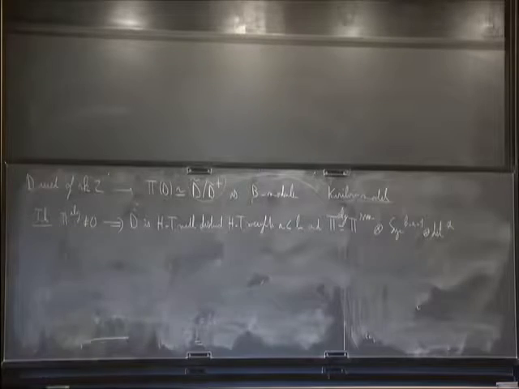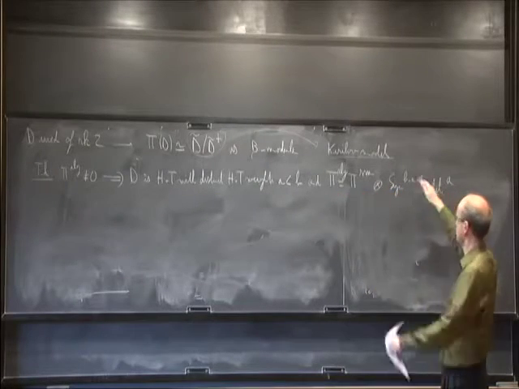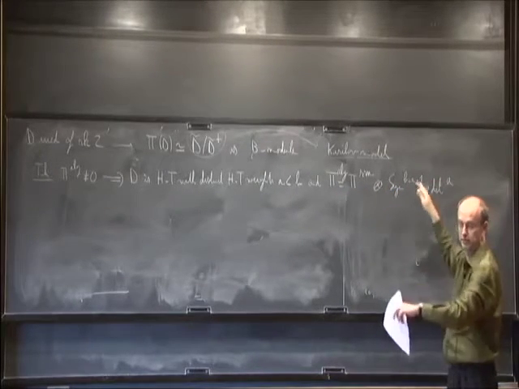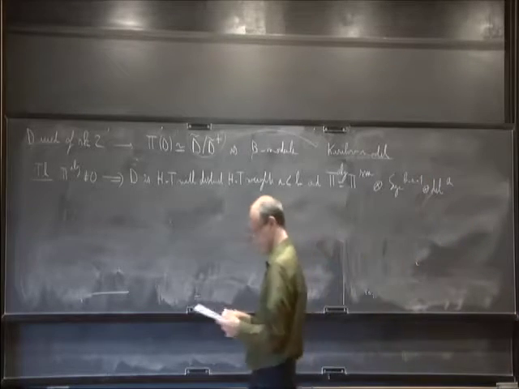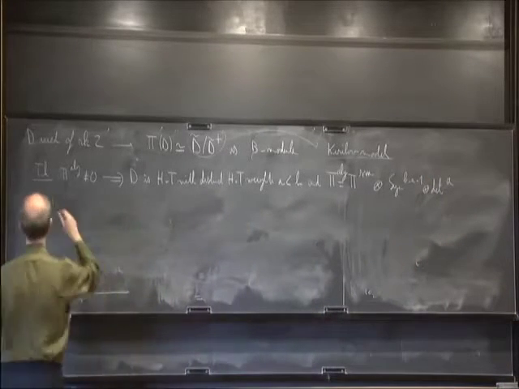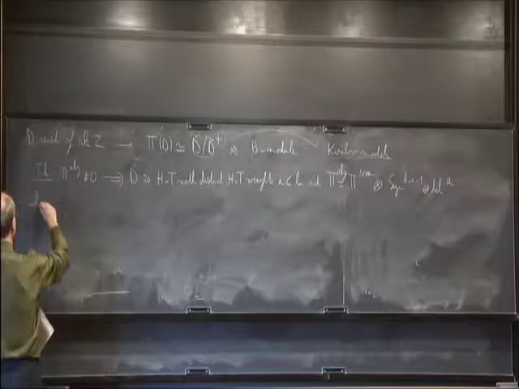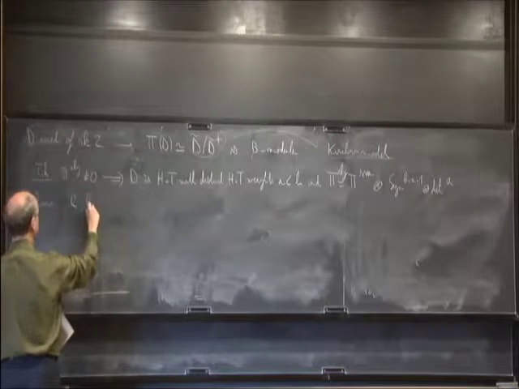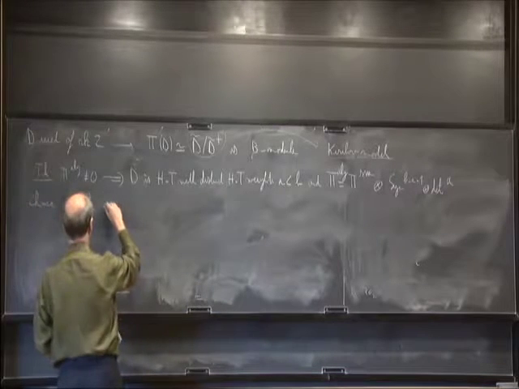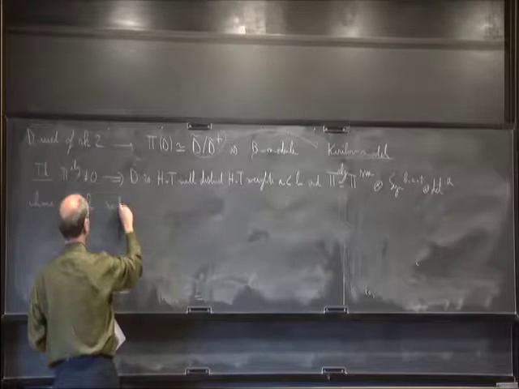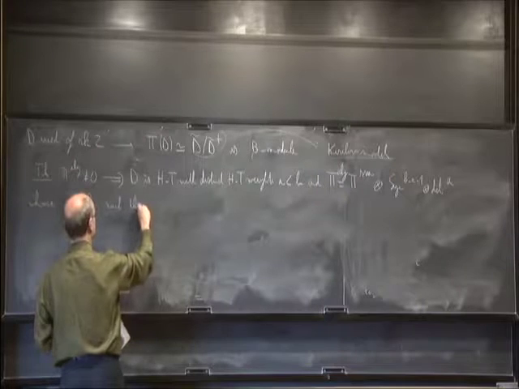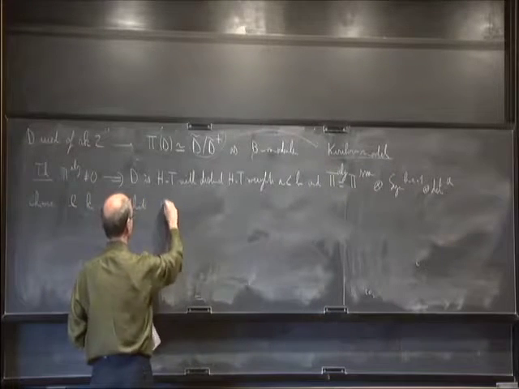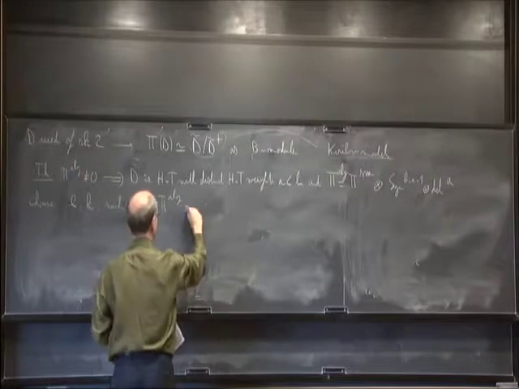So pi alg has some decomposition like this, but with possibly different weights. So we choose just one component of it. So you choose L and k such that pi alg contains something of this type.